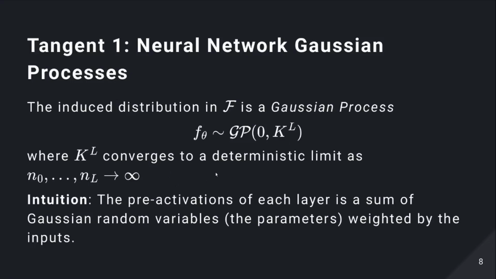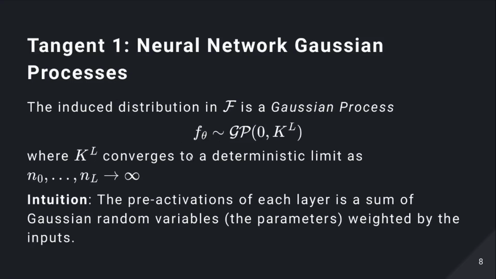And one really nice thing is that this was concurrent work to the NTK, but before the 2000s, Radford Neal did a lot of work on this, and he had some really nice papers showing these kinds of limits of the priors in function space induced by the priors over the parameters.